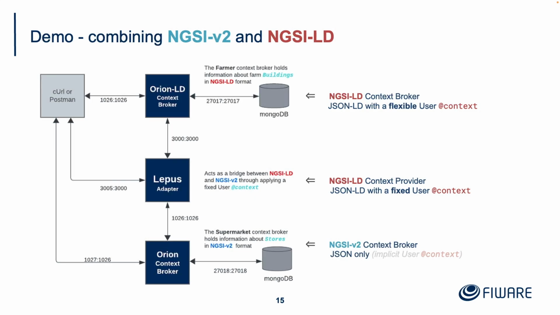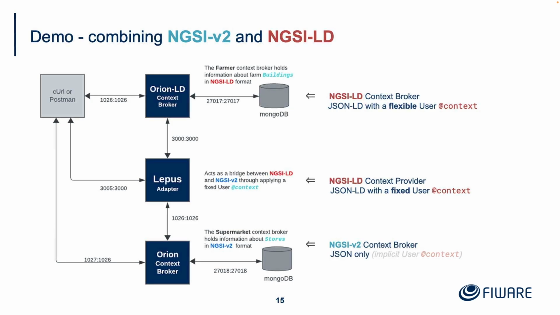You can see that at the bottom there is an implicit user context because we're not defining this in NGSI-v2, never will. The layer above, this is when we start pushing some of our data out into a looser data space, must have at least one fixed user context which is available, which defines the terms such that the LD broker can understand it properly.